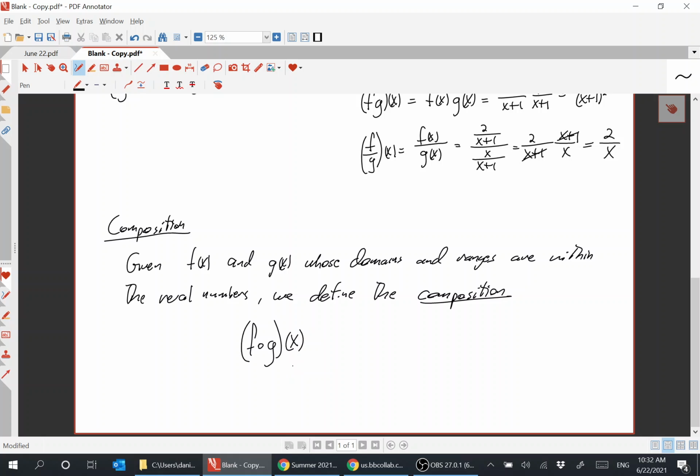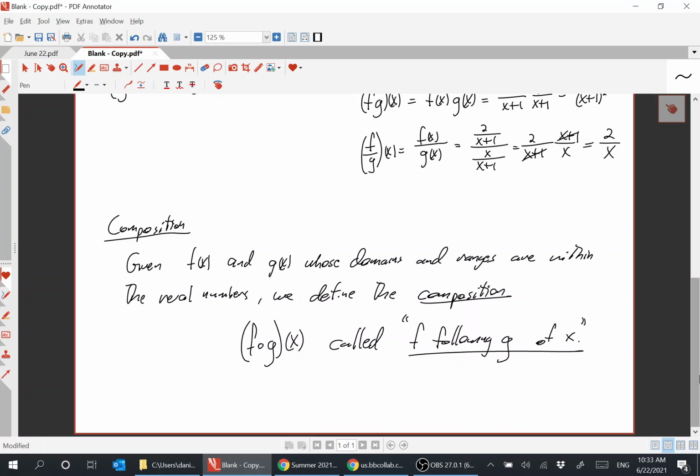We define the composition, called f, and you say following g of x. So that little circle is called following.